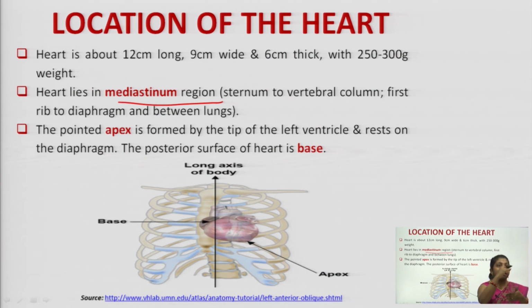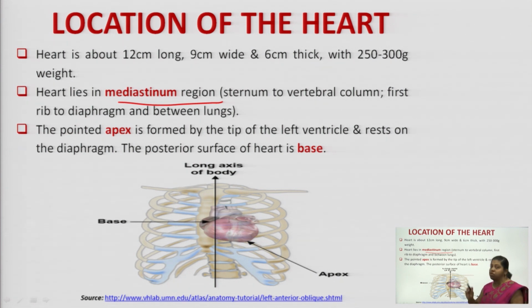Now it is present in between your lungs. Fine. Front side sternum, back side your vertebral column. Sideways it is the lungs that are present. From the upper region it is the first rib. This is our rib cage where it is getting started. So it is the first rib where your heart starts up to your diaphragm region.